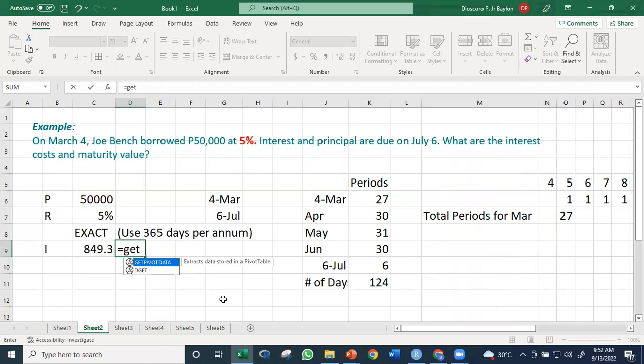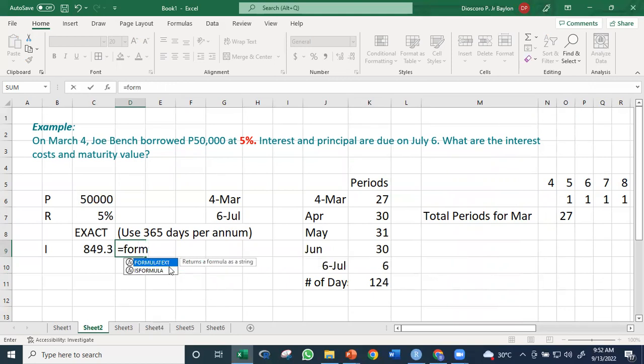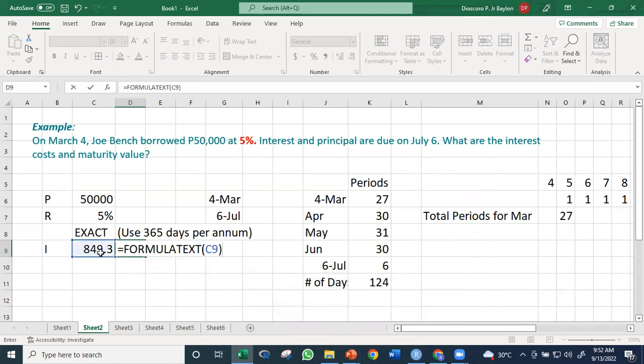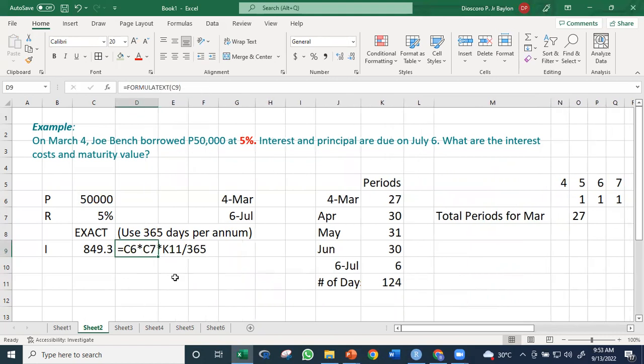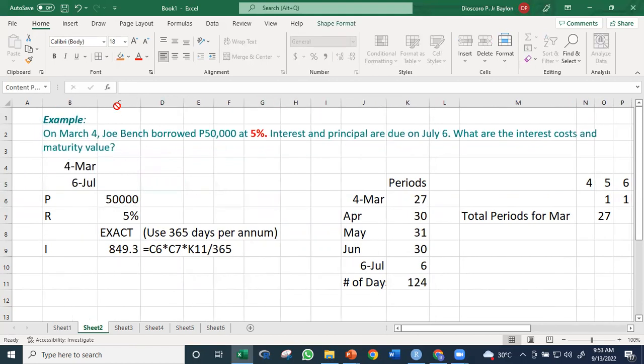No get formula here. Formula text, sorry. Formula text. Okay, to show the formula. Let me fix this. I'll share this Excel file with you.